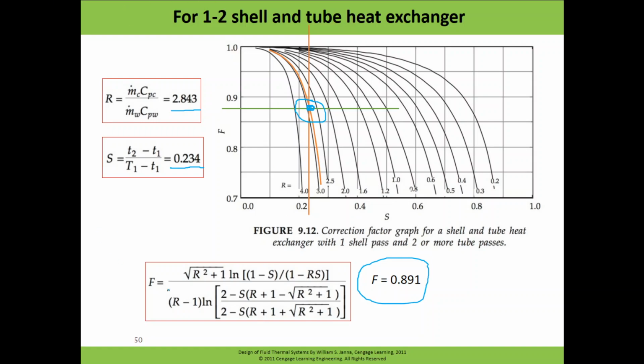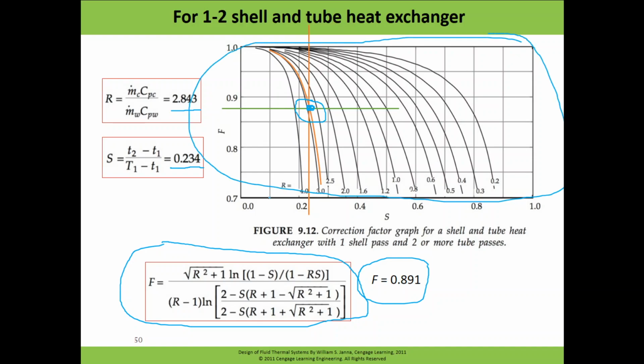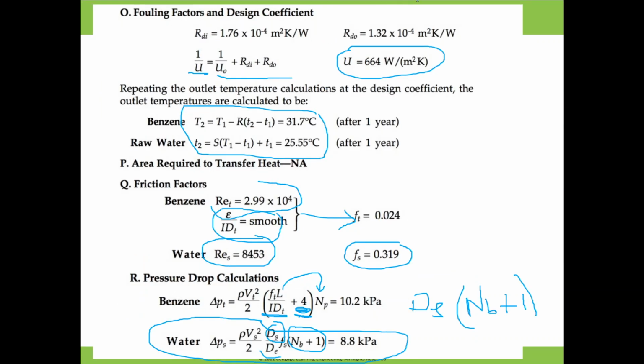This is the formula we can use to find the correction factor F with the help of R and S, or we can directly use this chart. And if you take into account the fouling factors, then you can revise your overall heat transfer coefficient, and that will indicate that your heat exchanger can be workable even after 1 year.